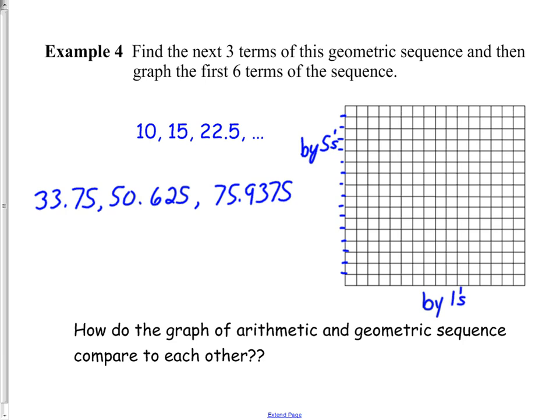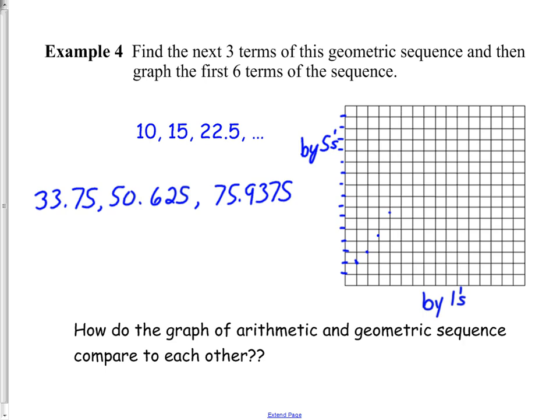Okay, so your first point would be (1, 10). Second point is going to be (2, 15). 3, 22.5. At 4, I'm at 33.75.